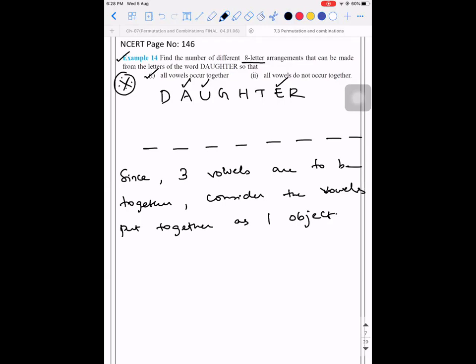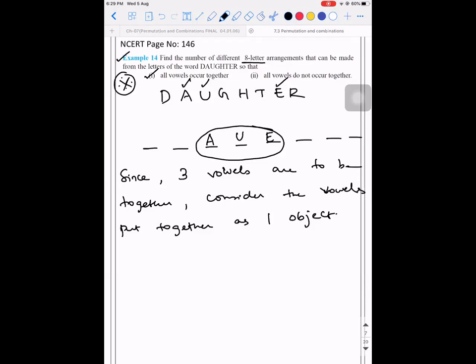Means what I'm saying is take any of the 3 consecutive blank spaces, it can be anything, and you assume in those 3 blank spaces you have placed all the 3 vowels such that they are tied together. They can be rearranged among themselves: AUE, AEU, UAE. It can be anything in any format. But what is the necessary condition? All the vowels are supposed to be together.